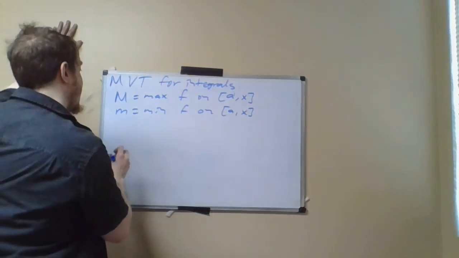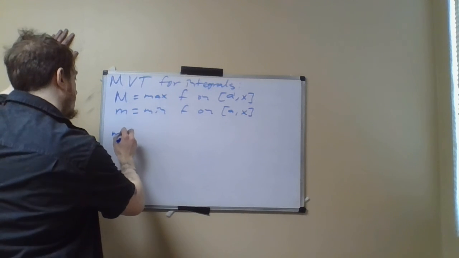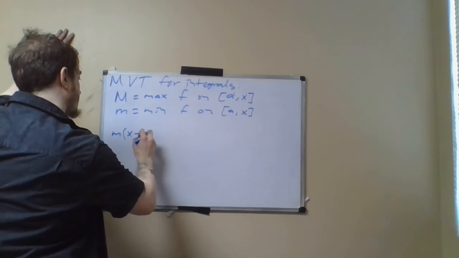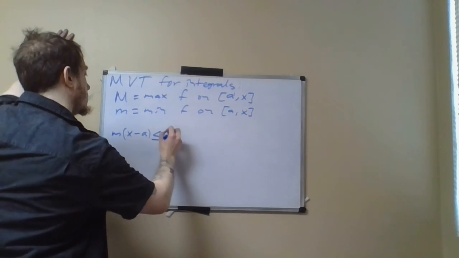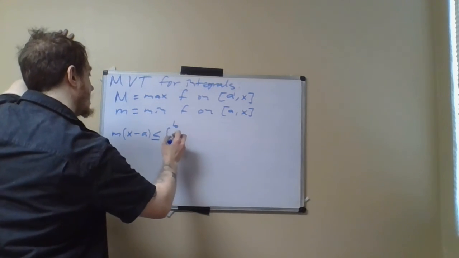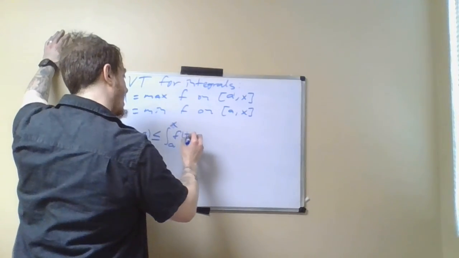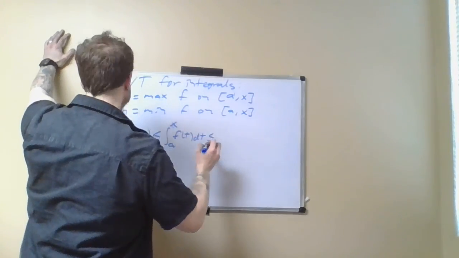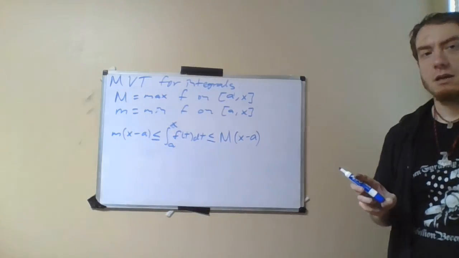Then the minimum times x minus a is less than or equal to the integral from a up to x of f of t dt, which is less than or equal to the maximum times x minus a.